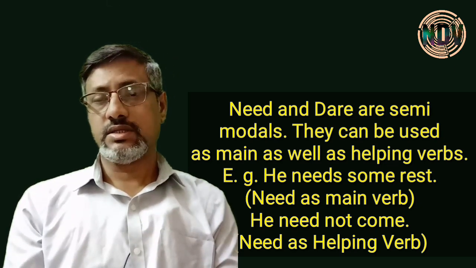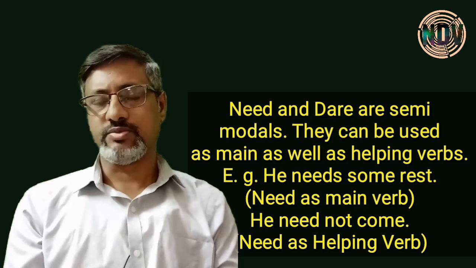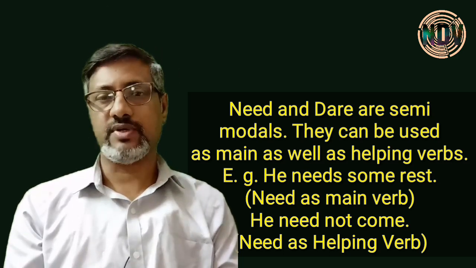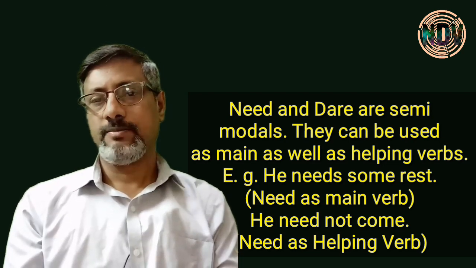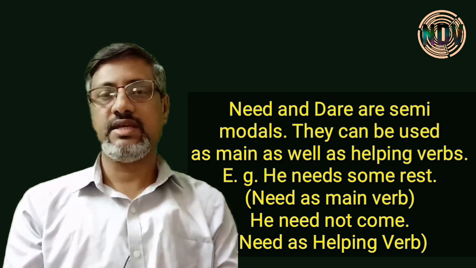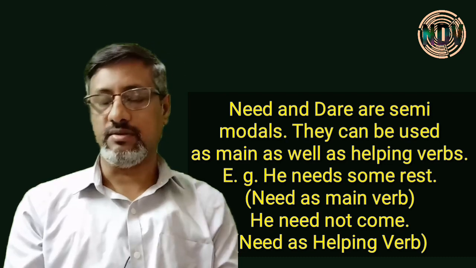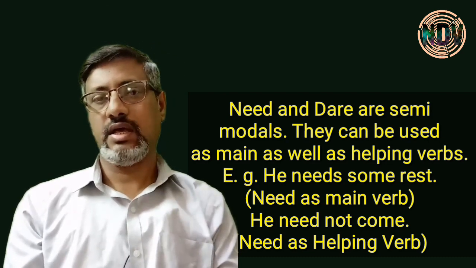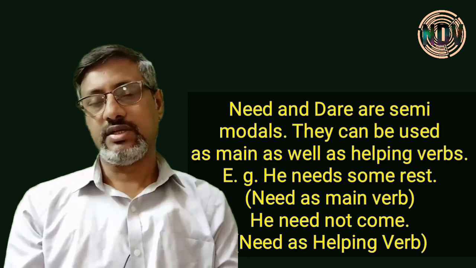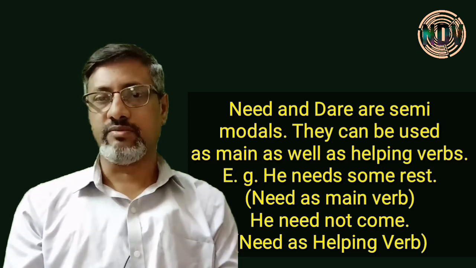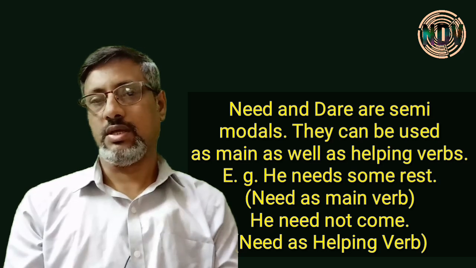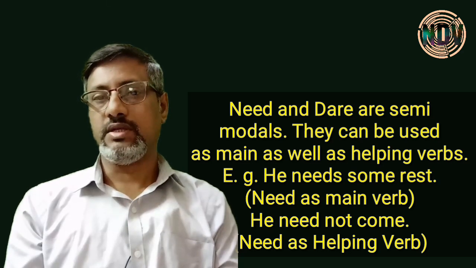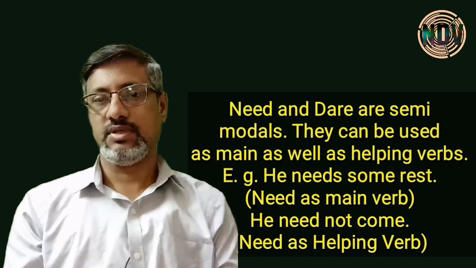And this need and dare, these are semi-modals because they are also used as main verb. For example, he needs some rest now. So here in this sentence, needs is a main verb. But when you say, I need not go there, in this sentence, it is a helping verb because generally we do not use need not in case of main verb.